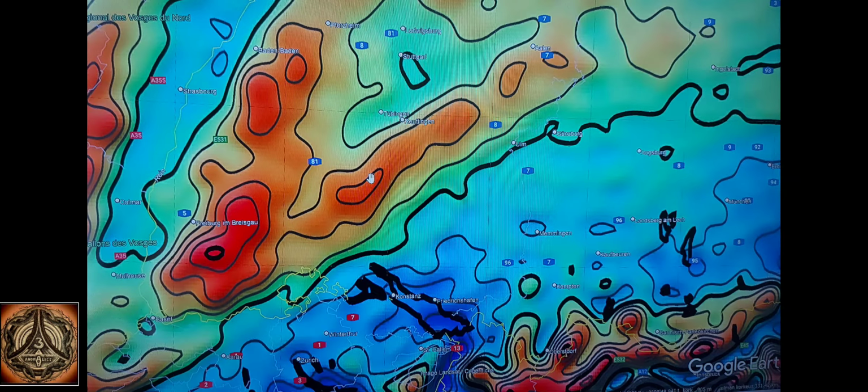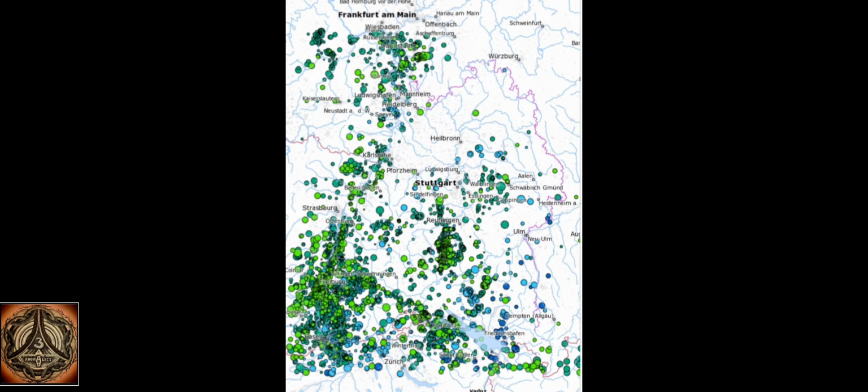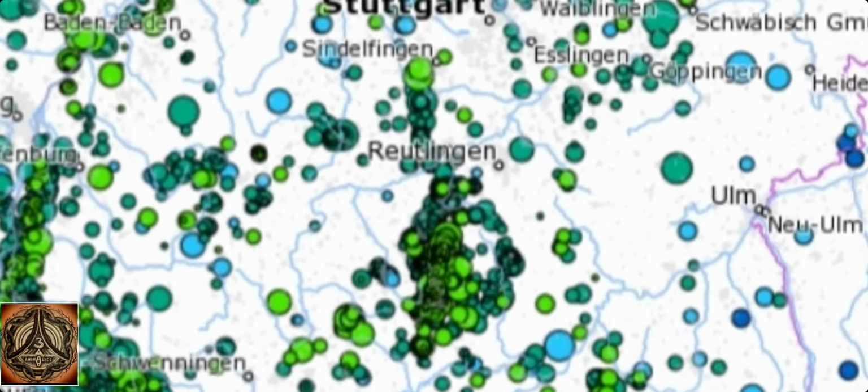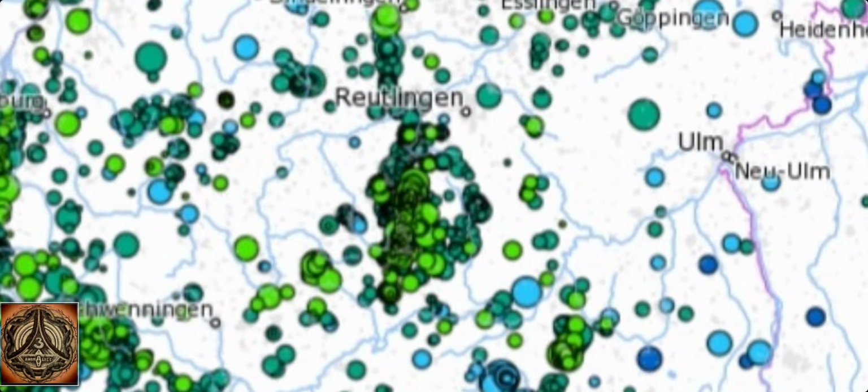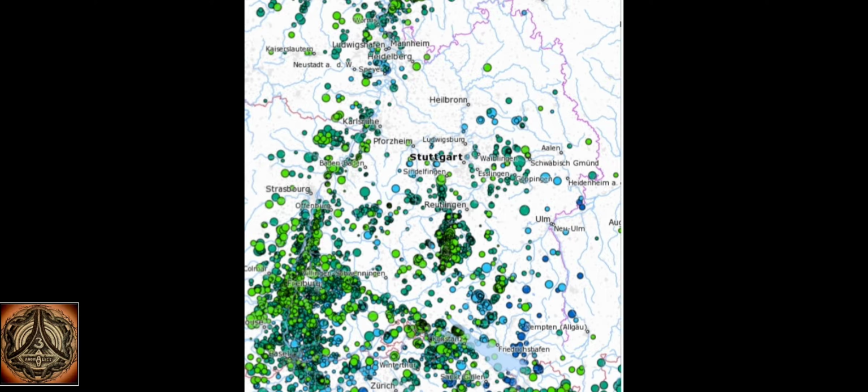So, this means gravity anomaly, the red things, these are basically mountains, or the crust is thick, and the blue zones are those where the crust is thin. Yeah, that's maps, what I found. And here, where you have the cluster of quakes, is Albstadt.